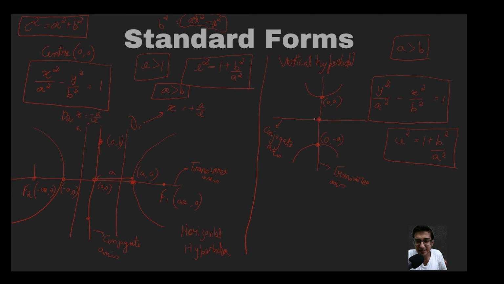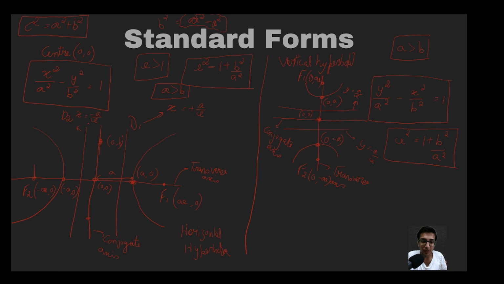The center remains the same at (0, 0). The equation of directrix would change to y is equal to minus a by e, and this one would become y is equal to a by e, and our focus f2 would be (0, minus ae), and this one f1 would be (0, ae).